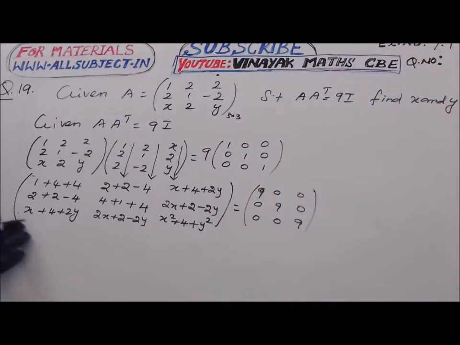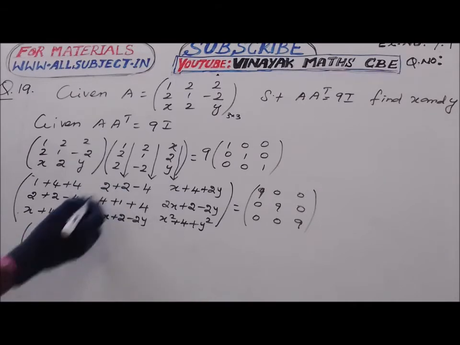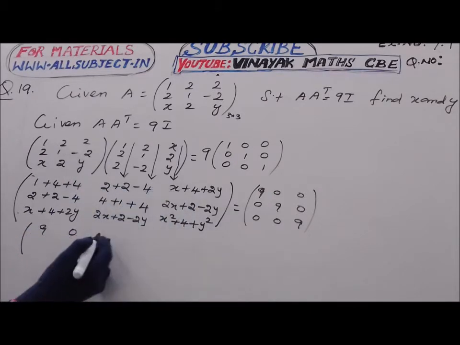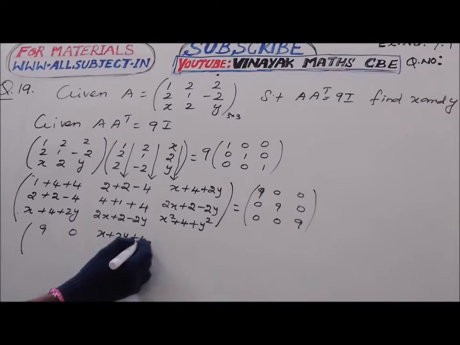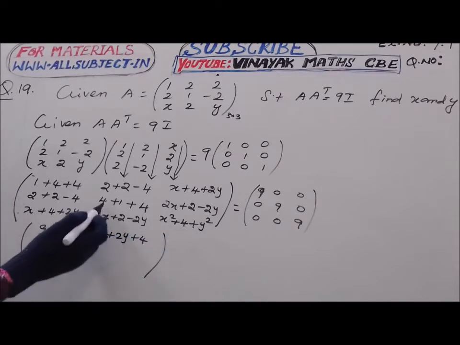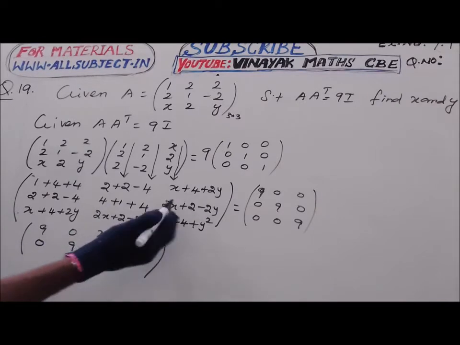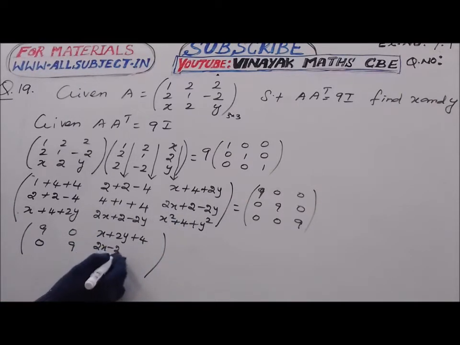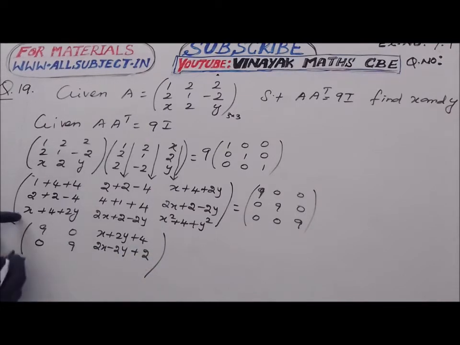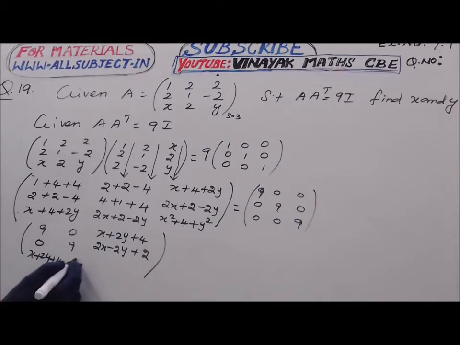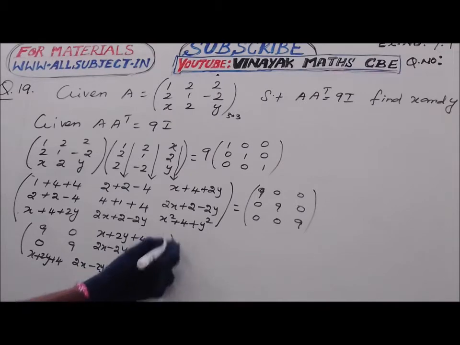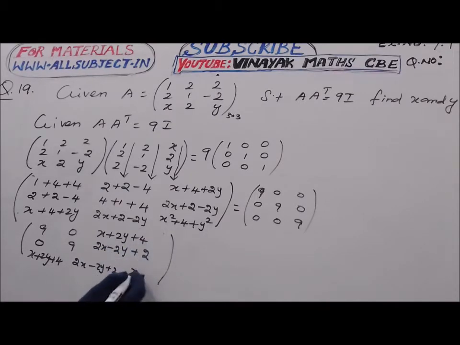Now simplifying it, we will get 9, 0, x plus 2y plus 4 in the first row, then 0, 9, 2x minus 2y plus 2 in the second row, and in the last row x plus 2y plus 4, 2x minus 2y plus 2, and the third entry x square plus y square plus 4.